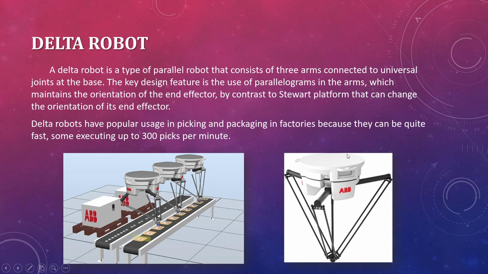Delta robots are popular for picking and packaging in factories because they can be quite fast, some executing up to 300 picks per minute.